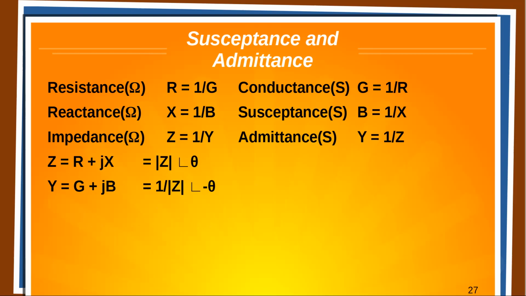Or in the polar form, it's the magnitude of Z, or the vector length, at the phase angle. Likewise, admittance is the conductance plus the imaginary susceptance, and in polar form, it's the reciprocal of the impedance magnitude at a negative phase angle.